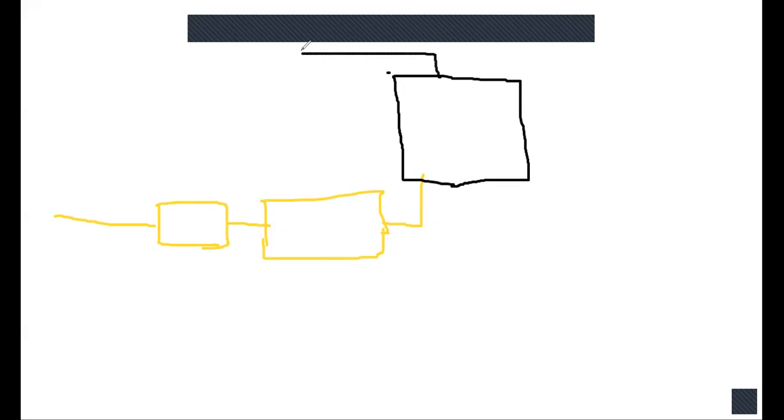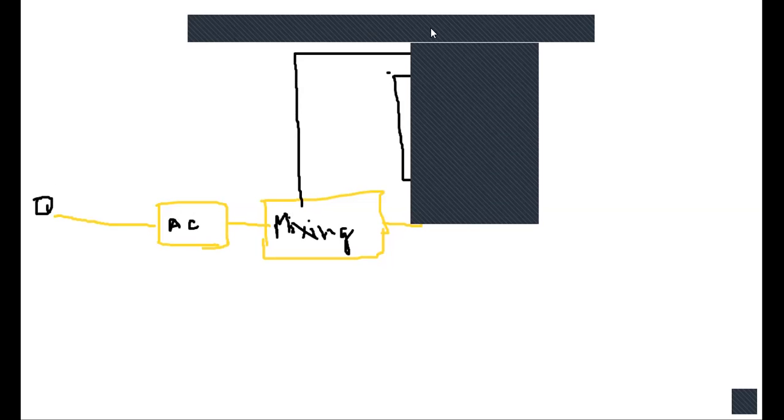This is the returned air. Let's mark. This is the outside point. This is AC. This is the mixing point. This is the room or auditorium, whatever you call it.